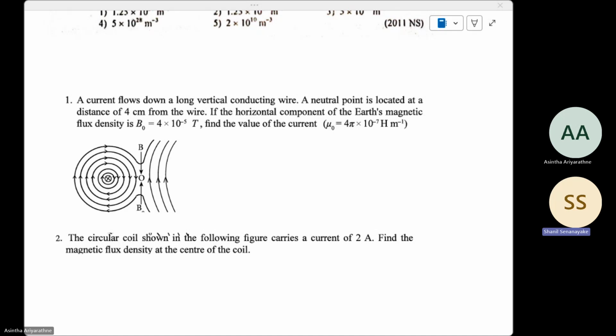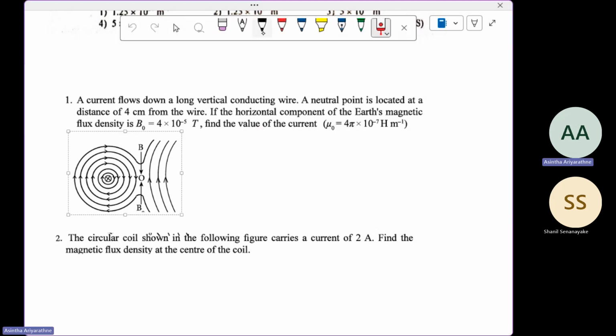So the number of turns, how do we get it? Did you count it? Number of turns is not needed because this is a long vertical conducting wire. Right? So this is the wire.